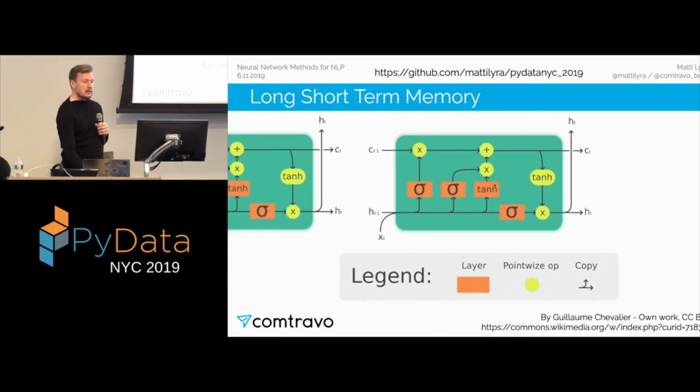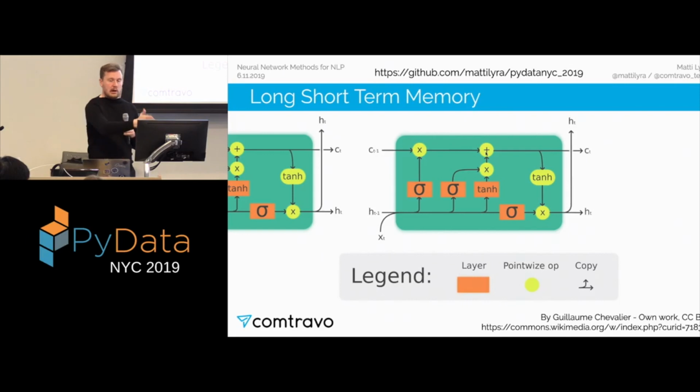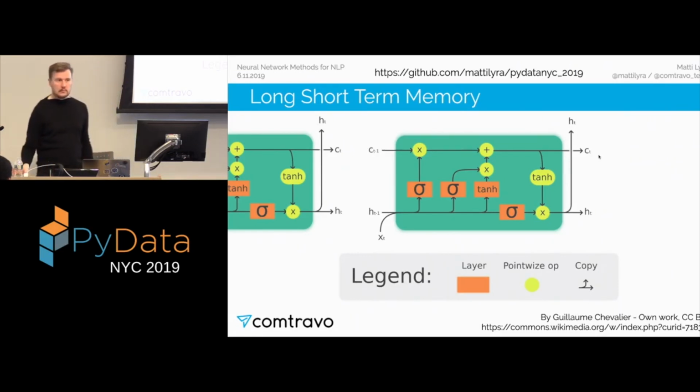And this tanh is between -1 and 1, so it either reduces the activation of that position or increases the activation of that position. That's why you have two different functions to get those two different ranges. Then you do an update of the internal state and again pass that on to the next time step.